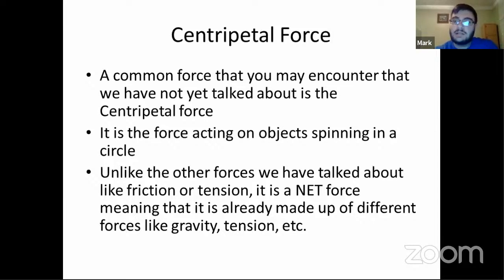The exact composition of forces depends. For example, with a planet orbiting the sun, most of the inward force is gravitational force. If you have a ball spinning on a string, most of the force is tension from the string. It depends, right? But the key thing is centripetal force is a net force. Okay.